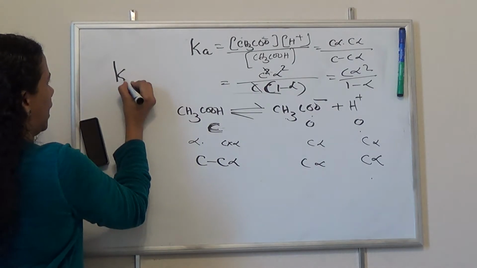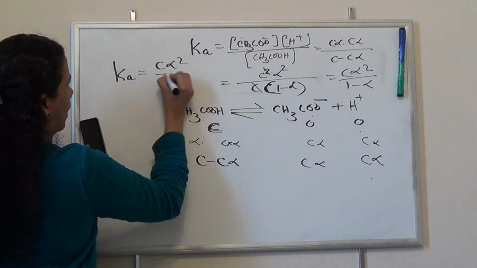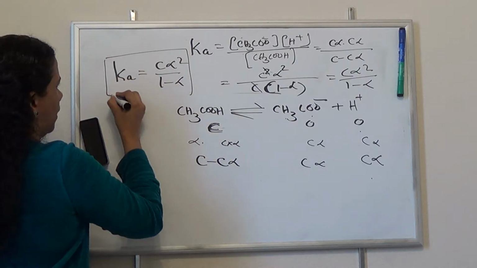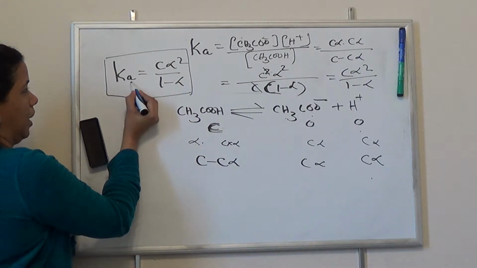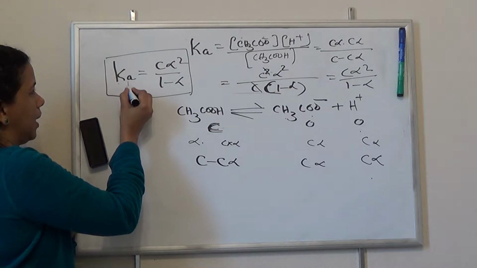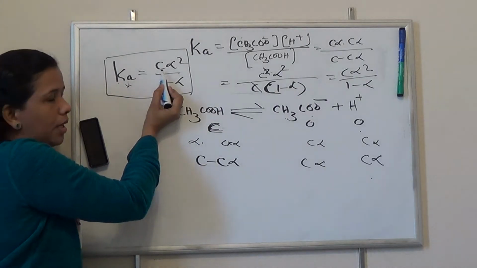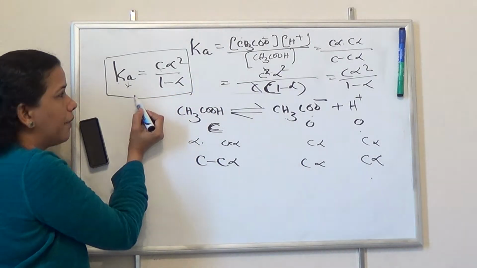So Ka is equal to C alpha square by 1 minus alpha. This is the equation for the equilibrium constant of a weak acid, called the acidity constant, where C is the concentration of the solution and alpha is the degree of ionization or dissociation.